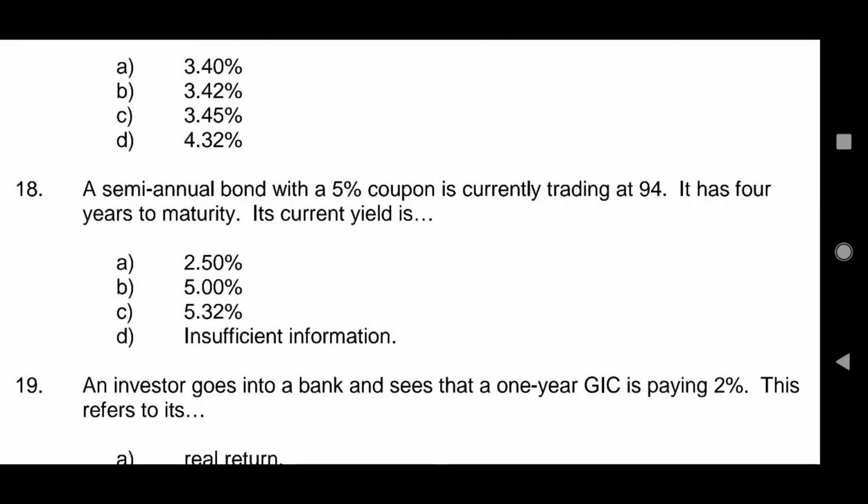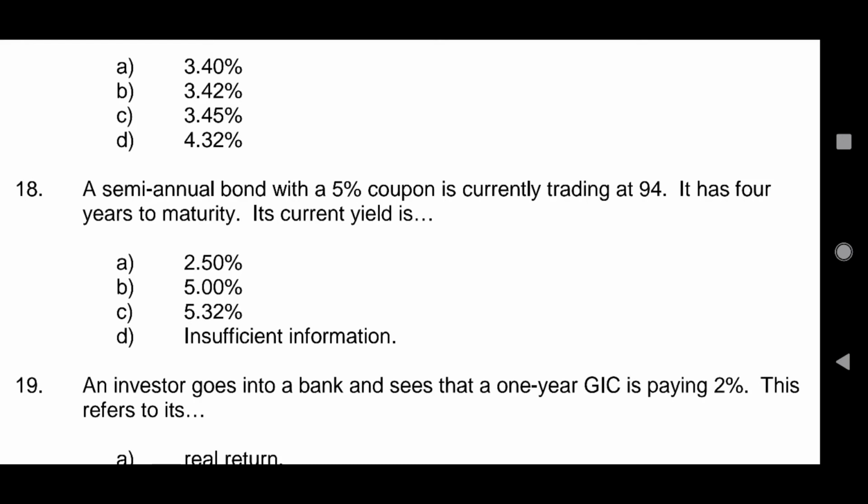Now, there is an easier way to do this in which you don't need a calculator, which is so fascinating about this particular question. So you know that if you had actually paid the full $100 for your bond, then obviously your return would have been exactly 5%, because $5 out of 100 would have been 5%.